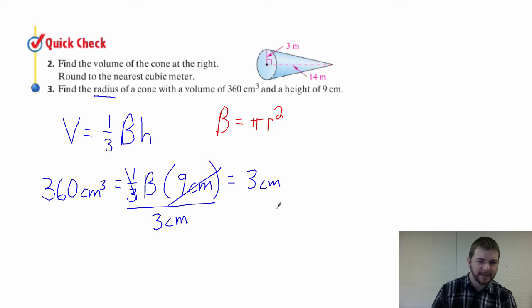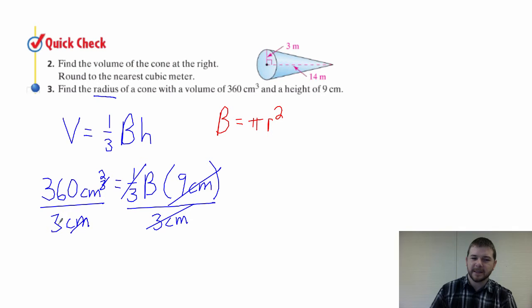So we'll have B isolated, but we just divided one side of the equation by 3 centimeters. So we'll need to divide the other side of the equation by 3 centimeters as well. Dividing centimeters cubed by centimeters, well, that centimeters cubed becomes centimeters squared. 360 divided by 3, that's 120.